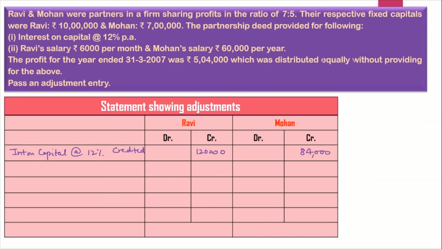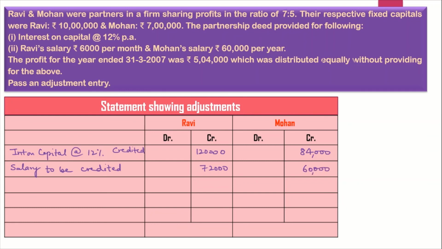Now what next did I miss out? Salary to be credited. Be careful, one salary is per month, another is per year. So I'll be taking the monthly one for a year, and the other as it is.